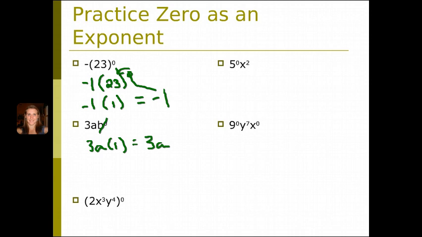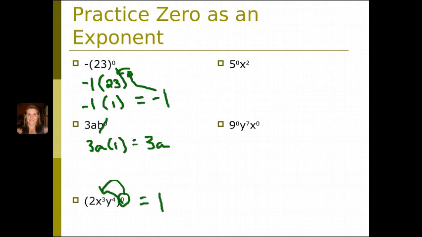The third example, you have the quantity 2x cubed y to the 4th all to the 0 power. Because this 0 is attached to the parenthesis, everything inside of the parenthesis turns into a 1. So that whole term just equals 1.